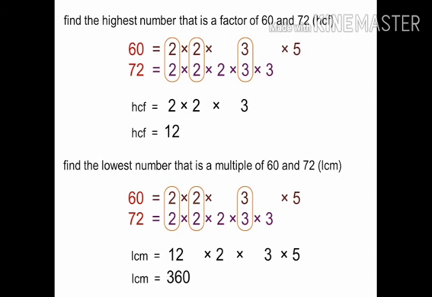And again we are told with the same numbers to do the LCM. So again we list it out and we already have the common factors, and the other factors you have to multiply. After multiplying the common factors and the other factors, you will get the LCM 360. 360 will be the LCM of 60 and 72.